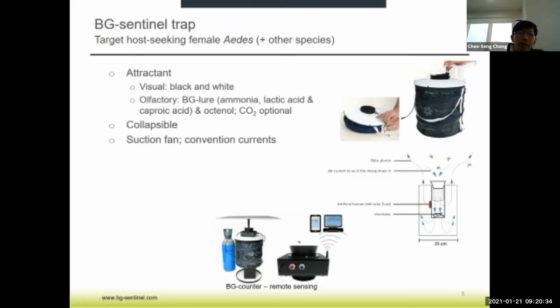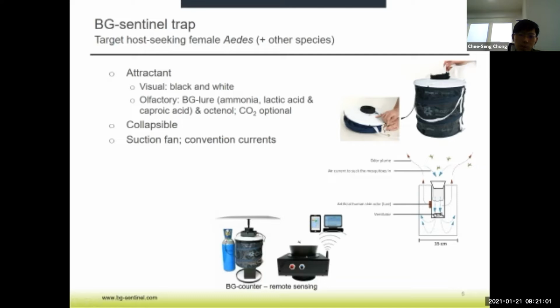How it works is that you have the lure at the side or at the top, and there is a suction fan below the trap. As mosquitoes come towards this trap, they are sucked in by the suction fan into a collection bag at the bottom. Because of the suction fan, it creates a convection current that pushes the lure out into the environment.